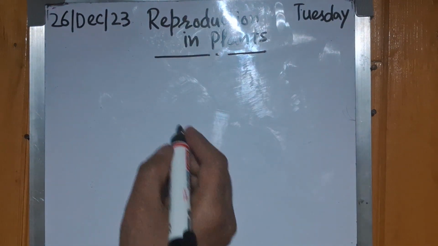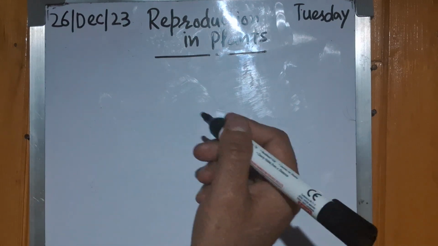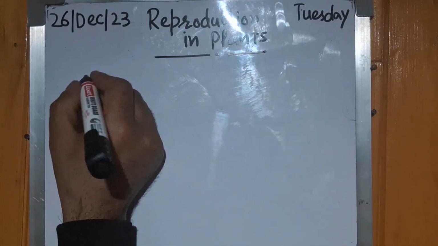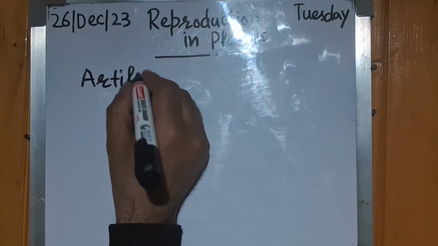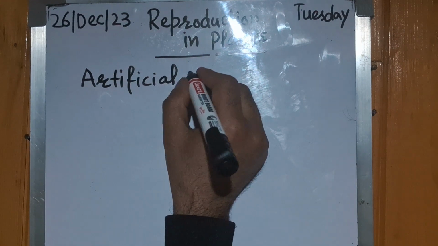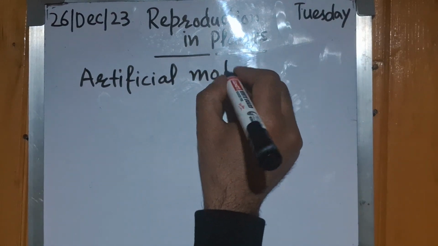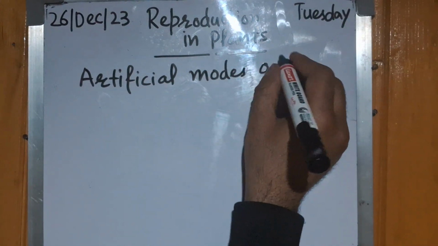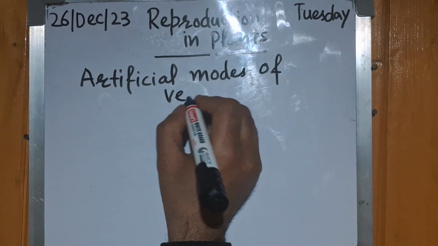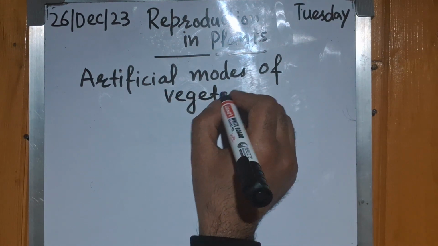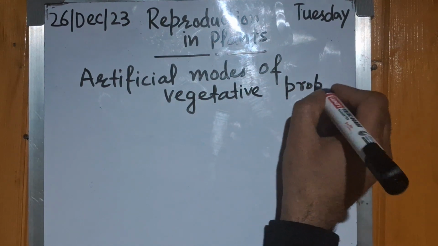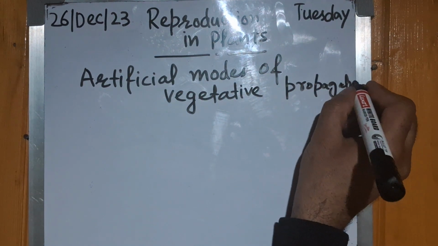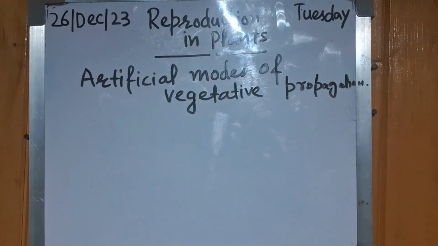Now we will study the vegetative propagation that man has developed, that is, the artificial modes of vegetative propagation.